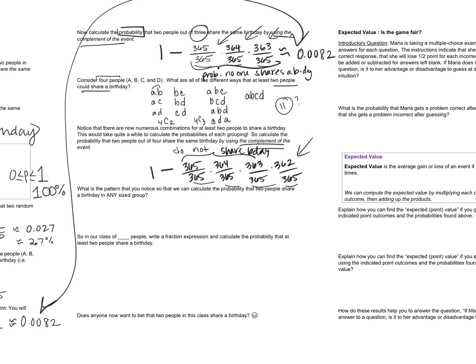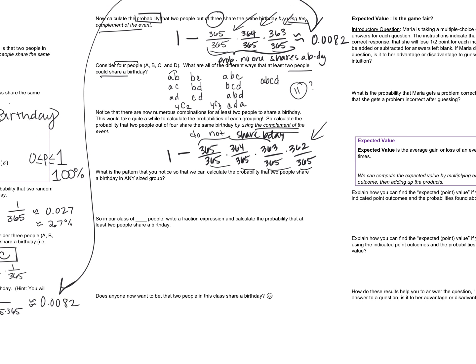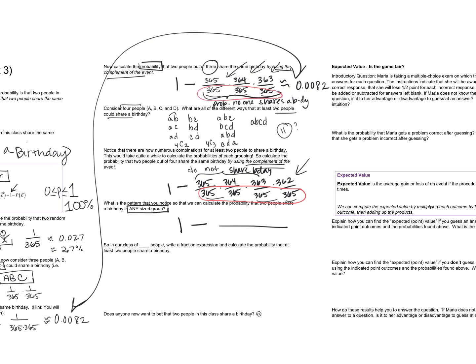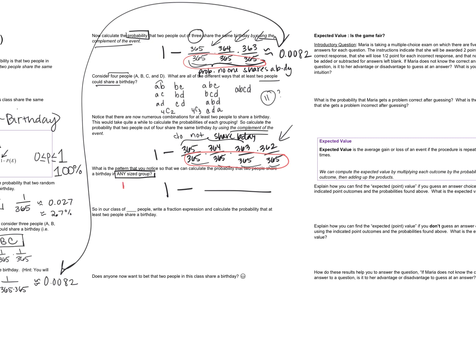The pattern that I see is that for any size group, we're going to have 1 minus, because we are looking at these complements. Notice that for a group of 4, we have 365 written 4 times. For a group of 3, we have 365 written 3 times. So if our group is size n, we're going to write 365 to the nth power. That gets me that number of 365s. And on the top, that should look kind of familiar. It is a countdown, but it stops.